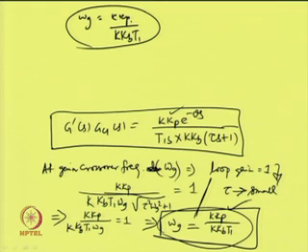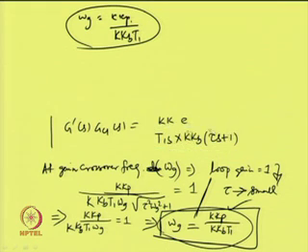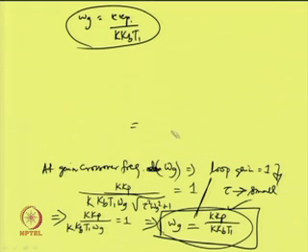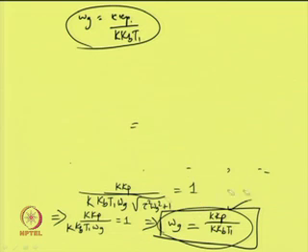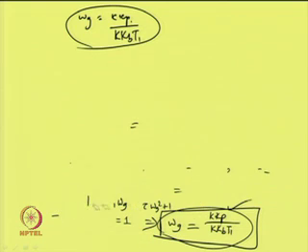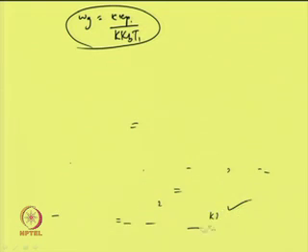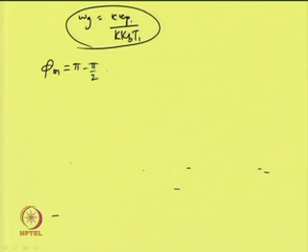Now, the phase margin at the gain crossover frequency further results in an expression which can be expressed as phase margin is equal to pi minus pi by 2 minus theta omega g minus tan inverse omega g tau.